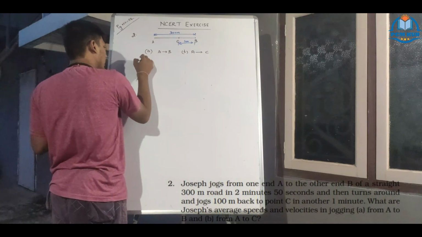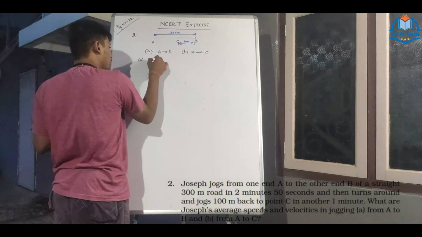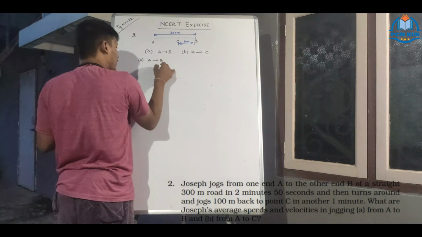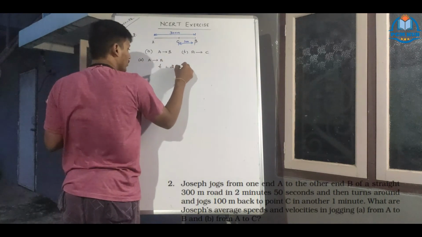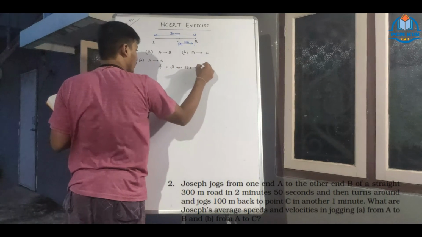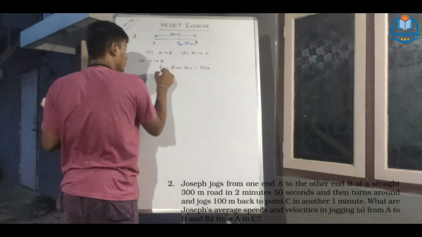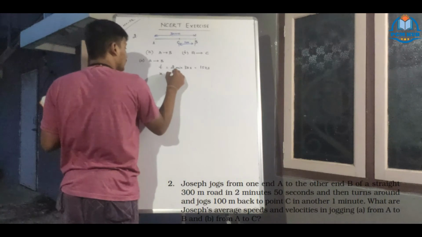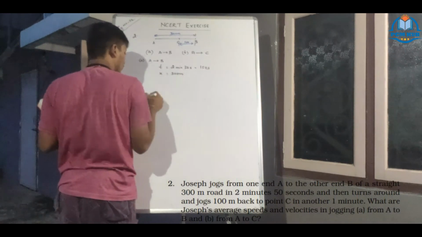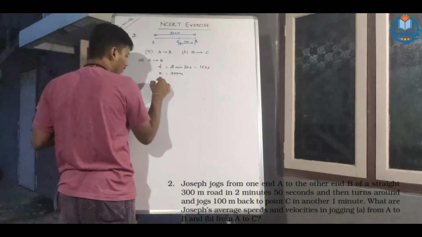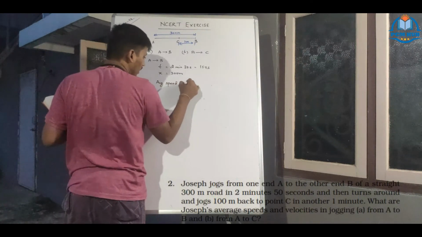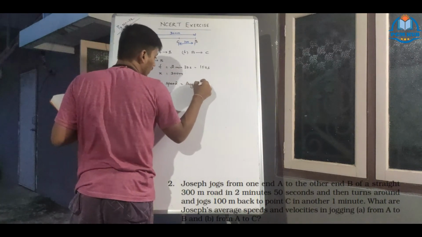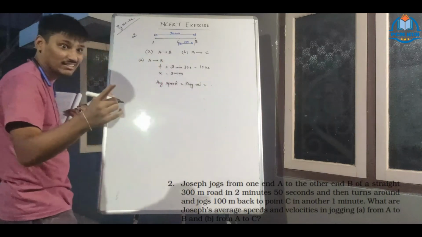Now you are taking first A to B. The time taken is 2 minutes 30 seconds, so it is 150 seconds. The distance x is 300 meters. So what is its average speed? Its average speed equals average velocity. Why are average velocity and average speed the same? Because it is a straight line.